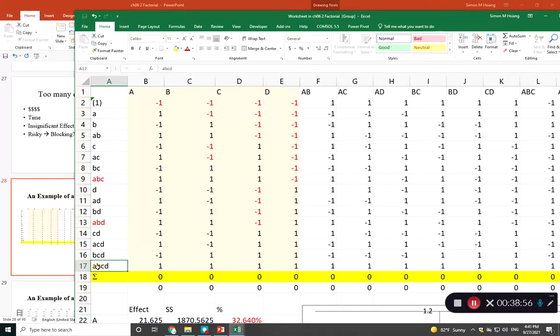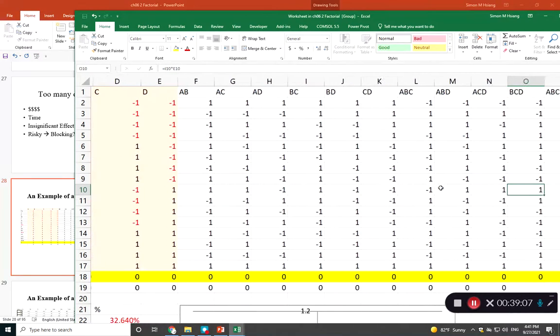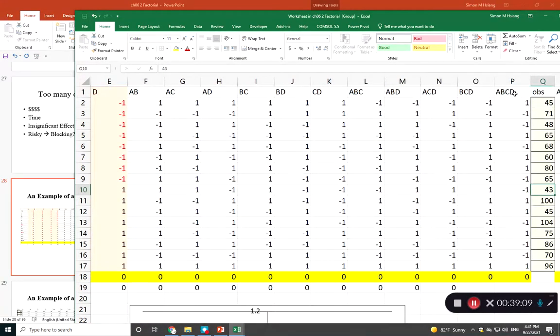We have a 4-way interaction, A times B times C times D. This is what I'm really trying to say. For 4 effects, I'll have 1 4-way interaction. Agree? How many 3-way interactions?